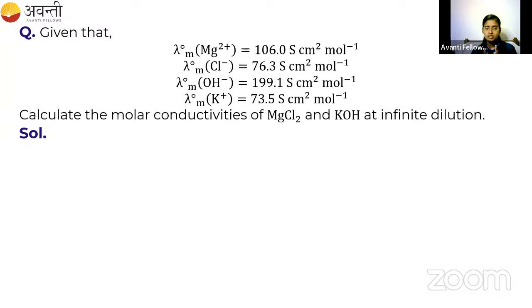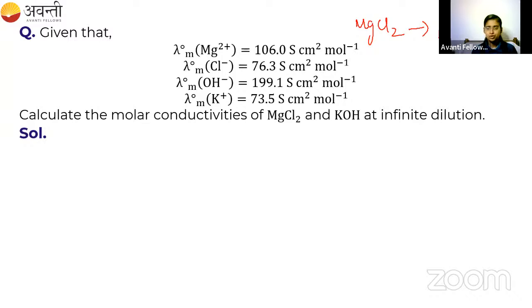So how to approach this? First of all, take MgCl2 and dissociate it. How will you dissociate MgCl2? MgCl2 dissociates into Mg2 plus and 2Cl minus.